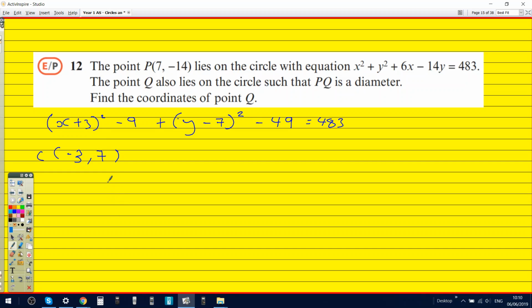So the distance between point P and the centre is 7, so minus 14, 3, so it's minus 10.